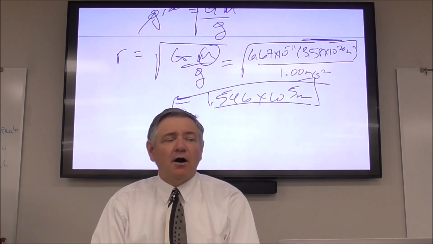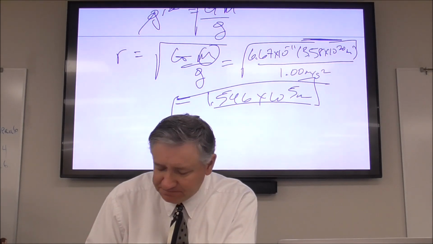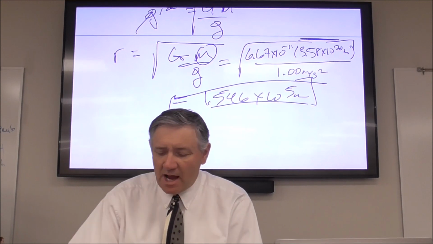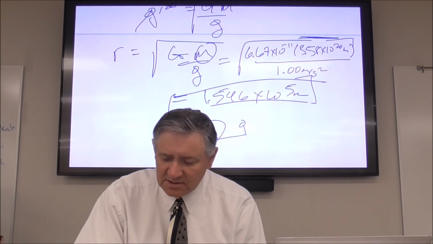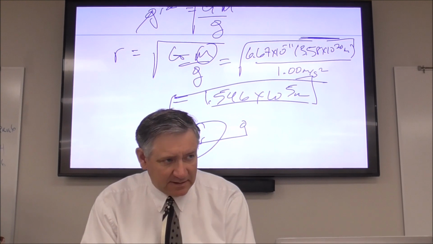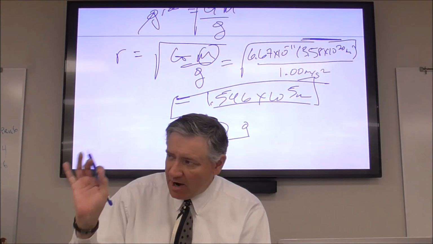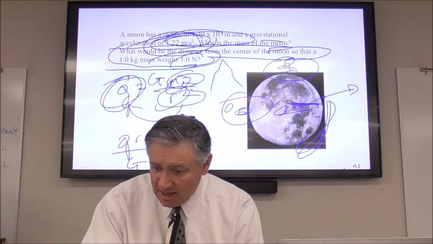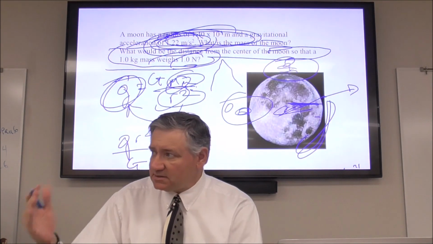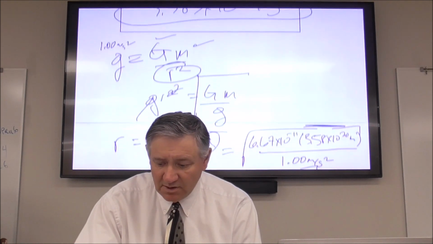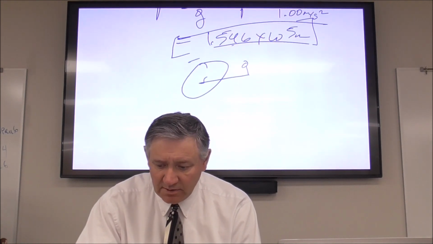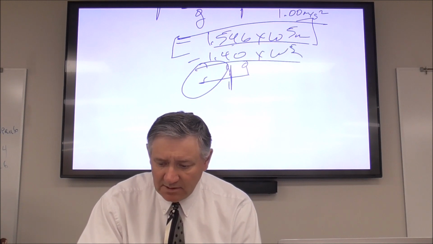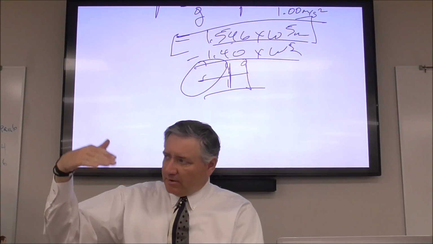There you go. Now, here's the other variation I could have on a problem like this. I could say, how far above the surface of the moon do you have to be to make this happen? Then you would take that distance and subtract out the radius of the moon itself, 1.40 times 10 to the 5th meters, and that would get you the distance above the surface.